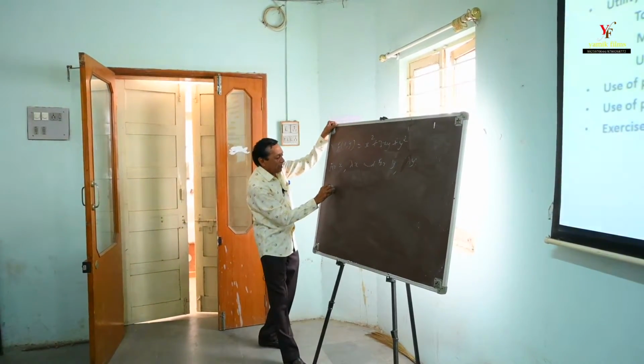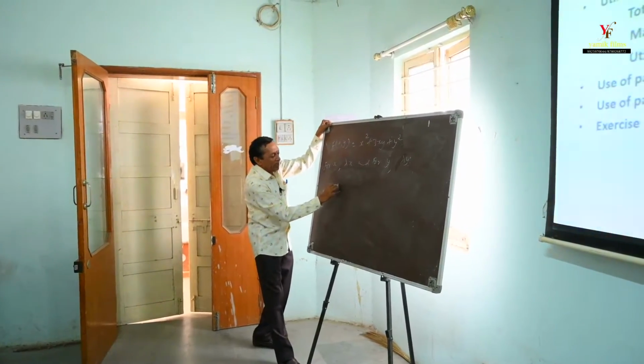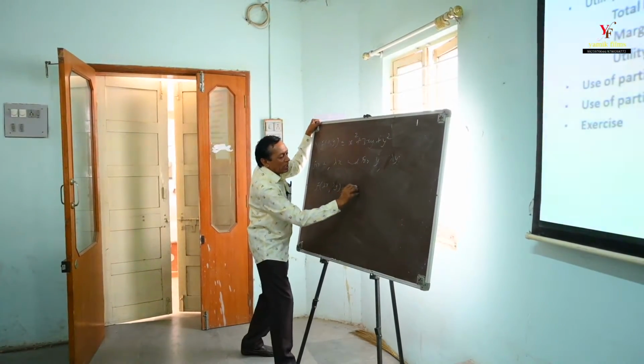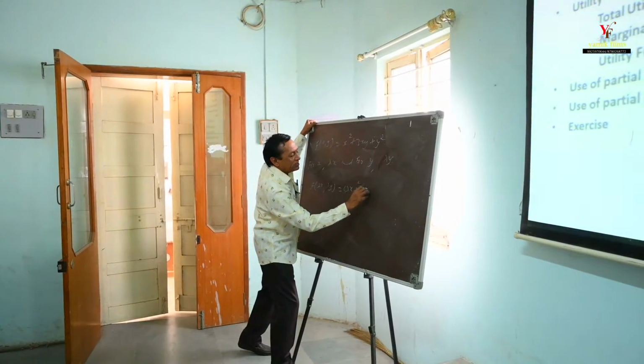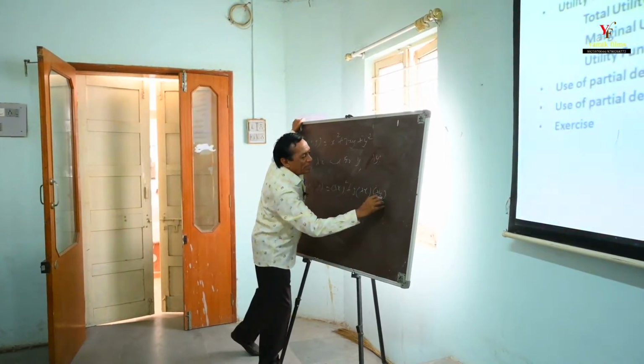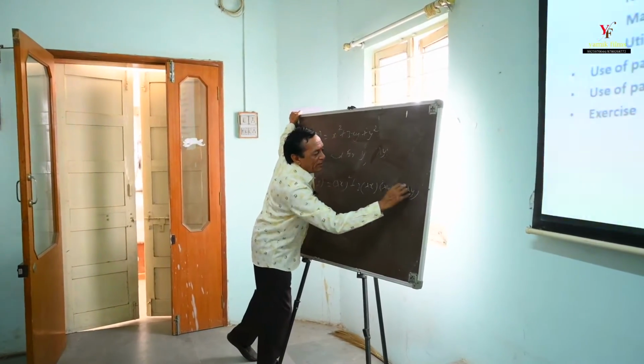Therefore, f of lambda x, lambda y is equal to lambda x square plus 3 lambda x lambda y plus lambda y square.